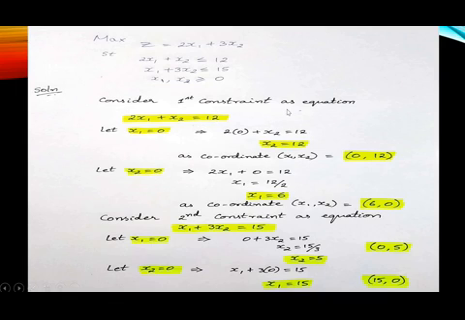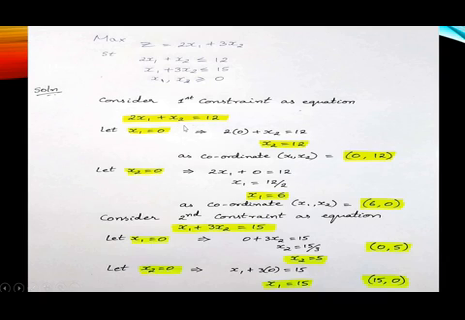So consider the first constraint as an equation. What is the first constraint? 2x1 plus x2 less than equal to 12. This less than equal to, I will make it equal to and write it. So 2x1 plus x2 is equal to 12.